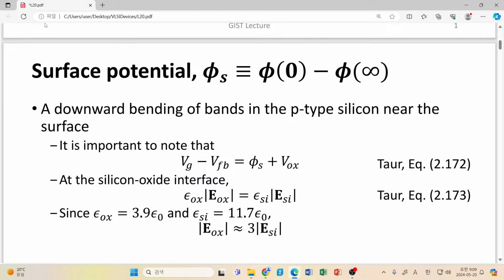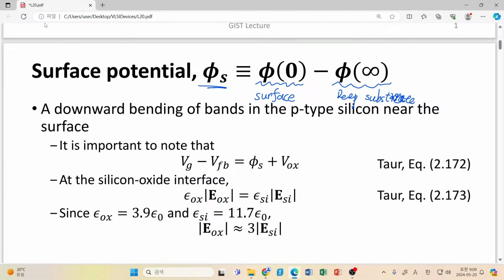So we are now talking about the surface potential. Surface potential is defined as the difference between the electrostatic potential at the surface point and the one deep inside the substrate. So this is defined as surface potential.